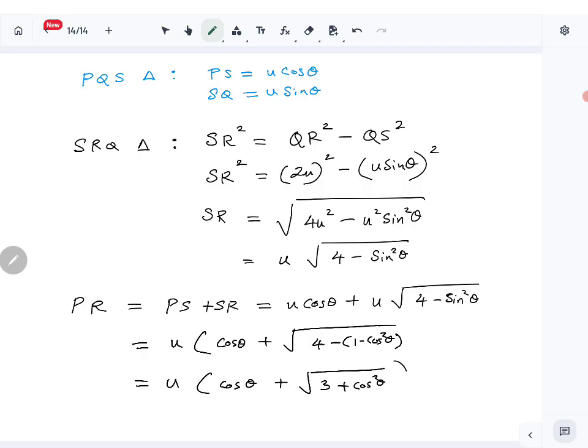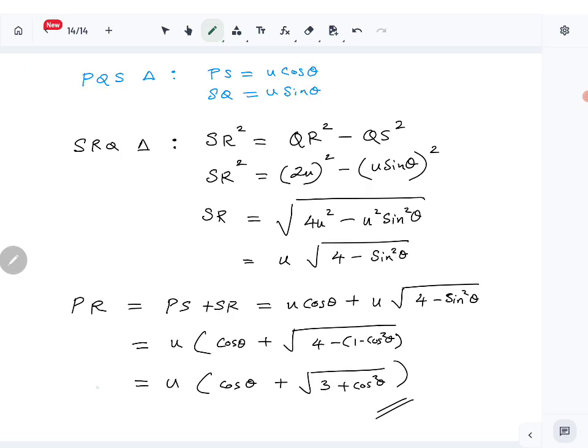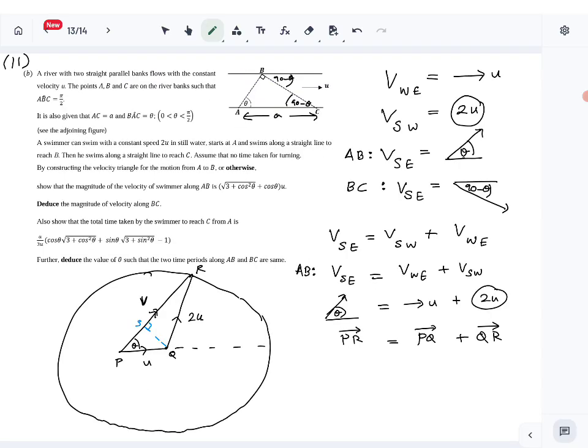That is what we want, right? So that is the magnitude of the velocity along AB. Let me label it as simple V, and this represents the absolute value of V, or magnitude of V. So that part is done. Then what are you supposed to do? Deduce the magnitude of the velocity along BC.